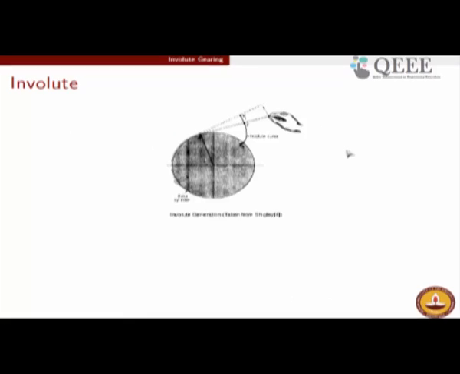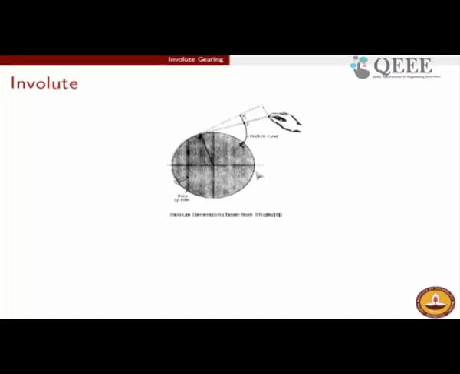The definition of involute is pretty simple. If you take a taut string and unwind that taut string, any point on that taut string will generate an involute. So the locus of any point on a taut string as the string is unwound from this circle is going to generate the involute of a circle.